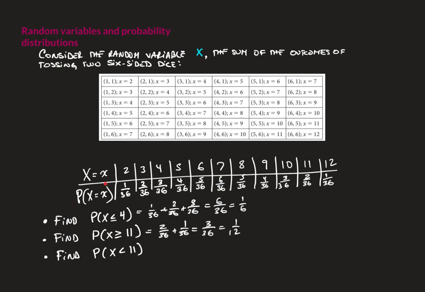You already know that the sum of all the probabilities is going to be equal to 1, and you already know that the sum of the last two probabilities for 11 and 12 is equal to 1/12. So if you wanted to find the probability that x is less than 11, the easiest way would be to take the 1 and then take away the 1/12. So this is going to be 10/12 or 5/6.